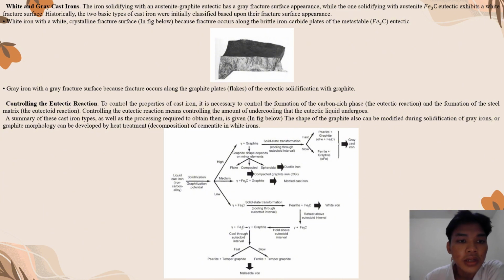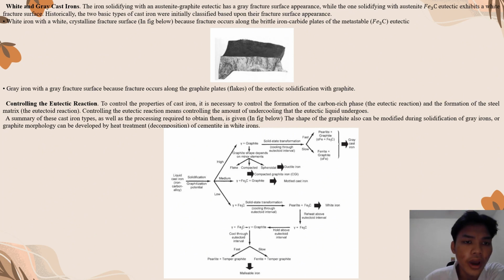Next, white and gray cast irons. The iron solidifying with an austenite-graphite eutectic has a gray fracture surface appearance, while the one solidifying with an austenite-Fe3C eutectic exhibits a white fracture surface. Historically, the two basic types of cast iron were initially classified based upon their fracture surface appearance.